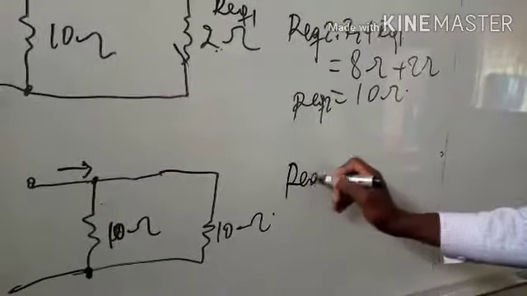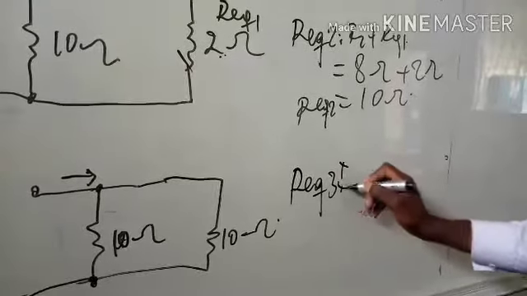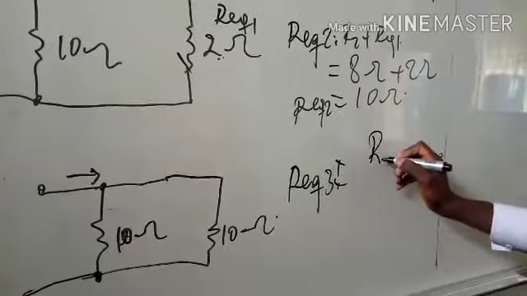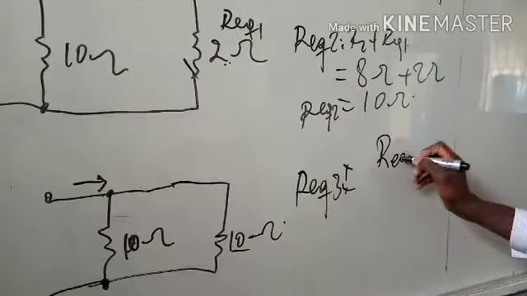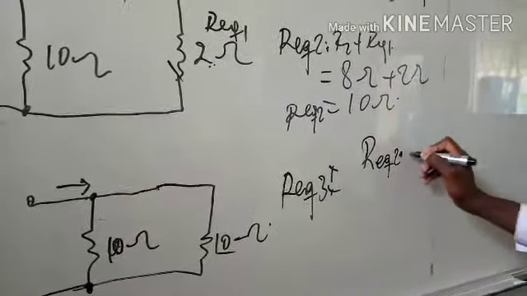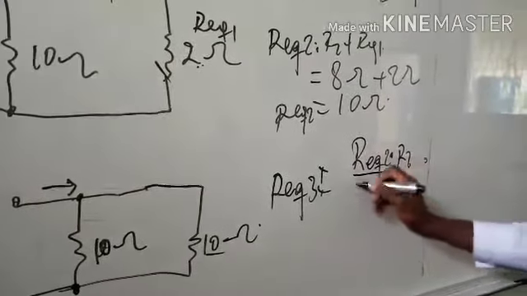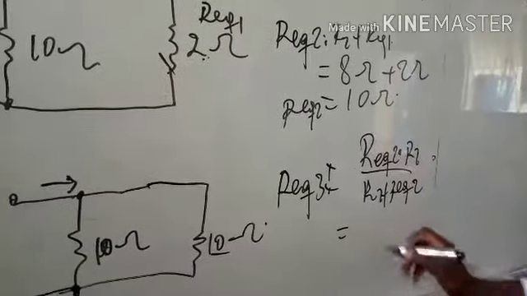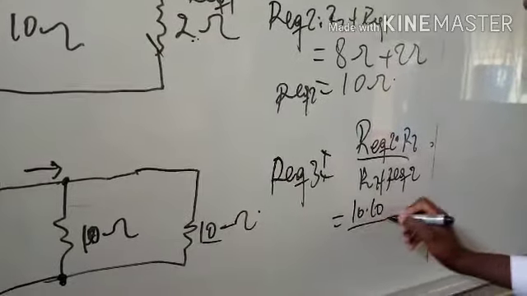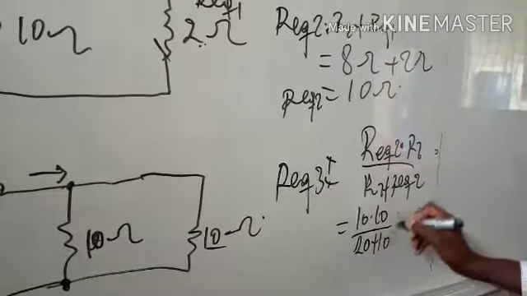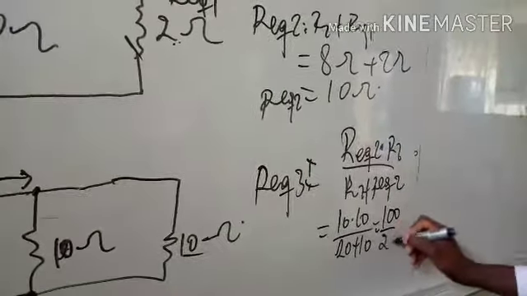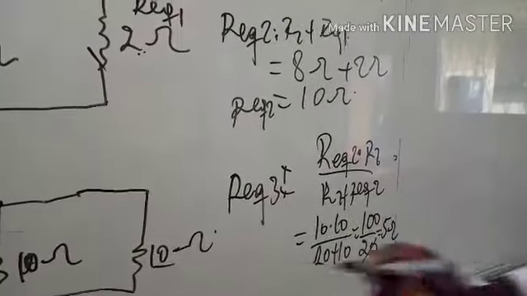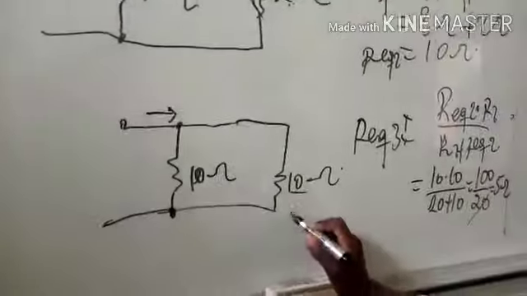R equivalent 3 will be equal to this R equivalent 2 times R2 over R2 plus R equivalent 2, which will give us 10 times 10 over 10 plus 10, 100 over 20. Then here we remain with 5 ohm. And then we remain with the circuit like this.